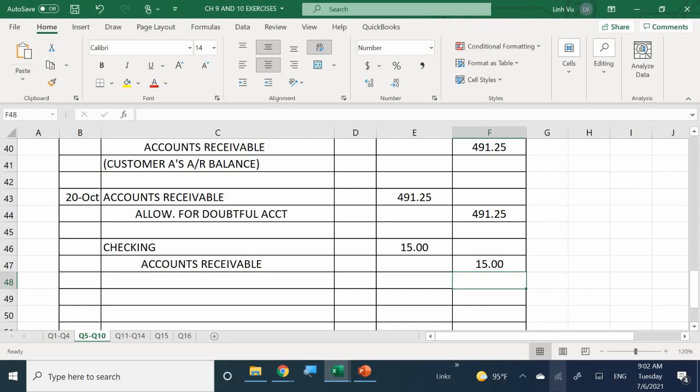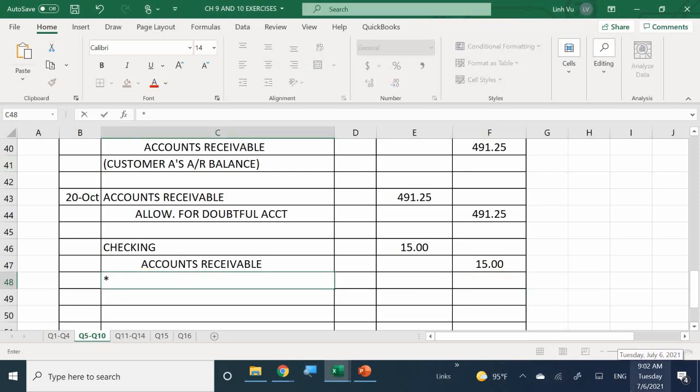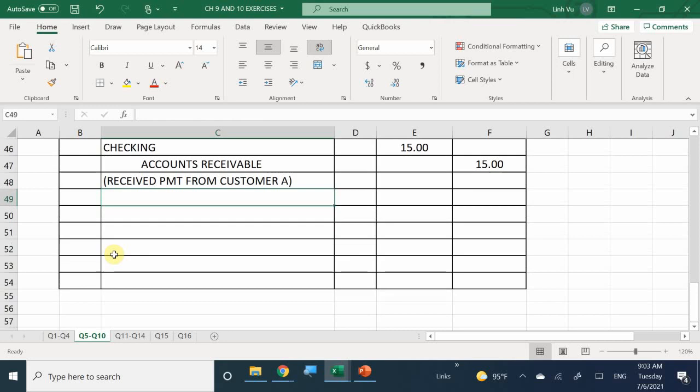So in this case, we're exhausting as much as we can to try to collect our money. And then, of course, I'm going to make a note: received payment from customer A.